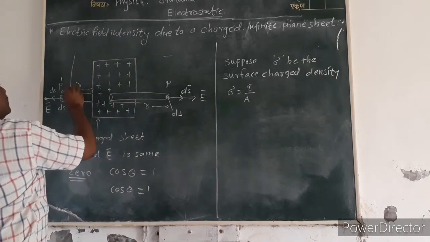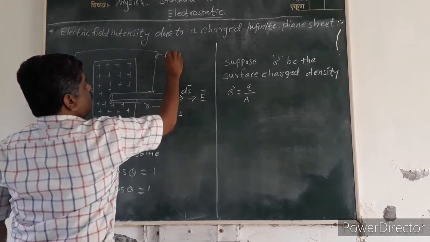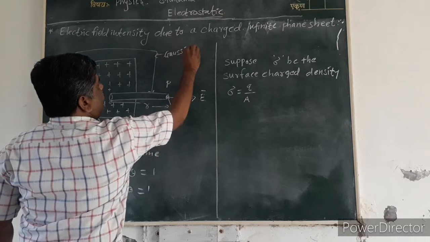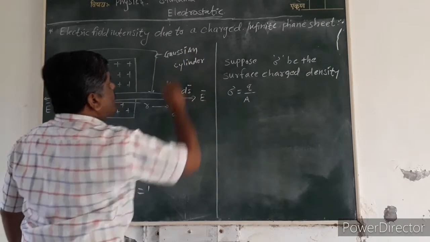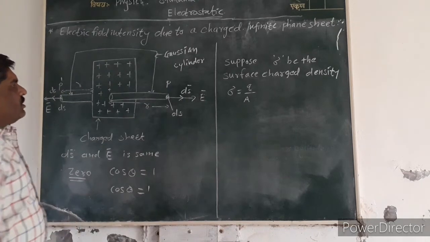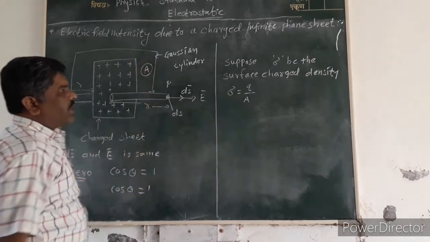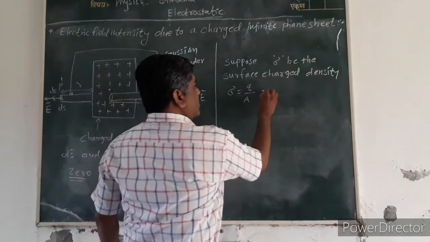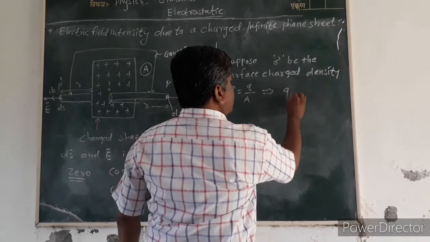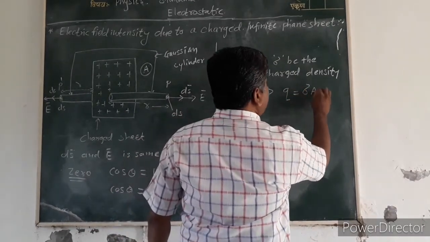This is the Gaussian cylinder. Our total area of that Gaussian cylinder is A. Therefore, sigma is equal to Q upon A, or this gives charge Q is equal to sigma into A.